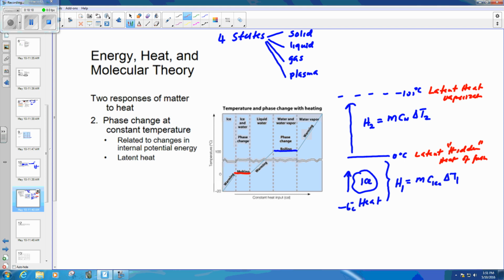When all the water has changed into the vapor phase, the temperature will start rising again until we reach what is called a plasma state. As I said, we are only going to look at 3 states of matter: solid, liquid, and this here is gas. And this is liquid.